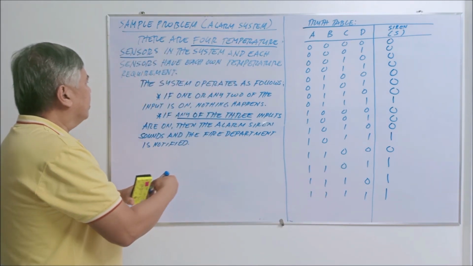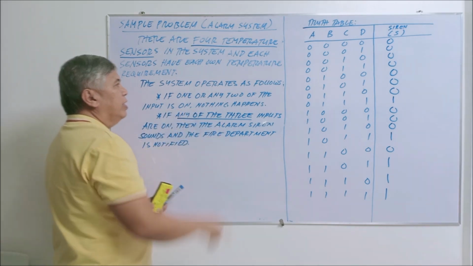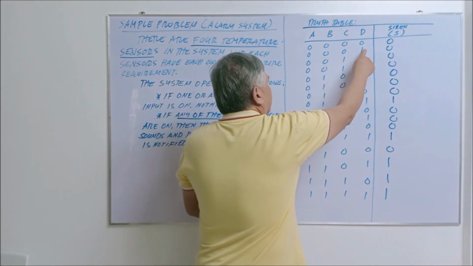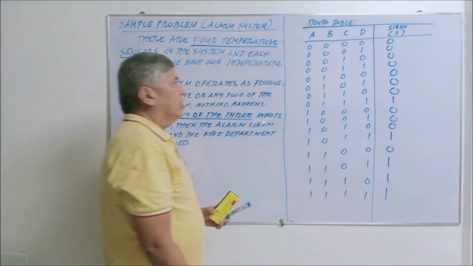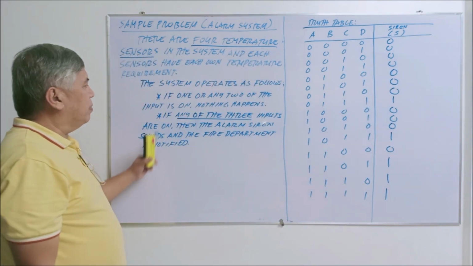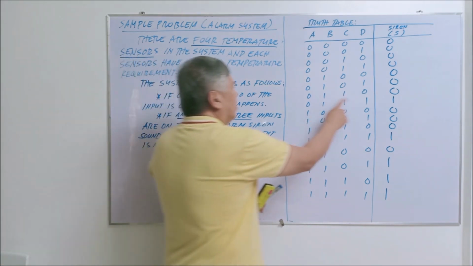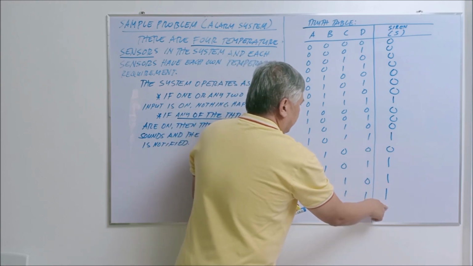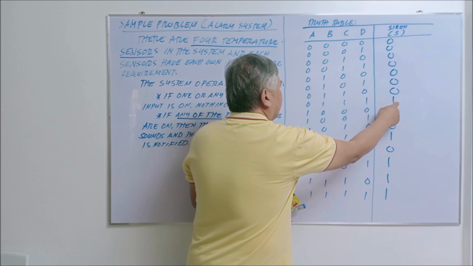So again, if any 1 or any 2 of the inputs is on, nothing happens, no? So, if only one or two, nothing happens. Meaning to say, the output is 0. But, if any of the 3 inputs are on, any of the 3, then the output is 1. No? So, you have here, 3 inputs here are 1.